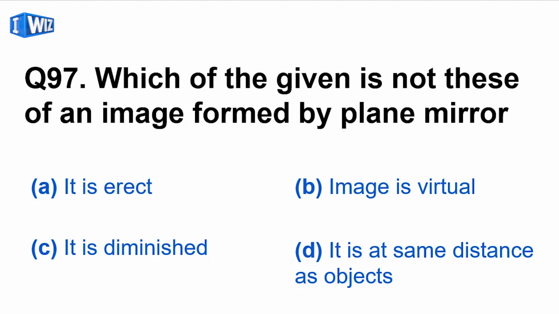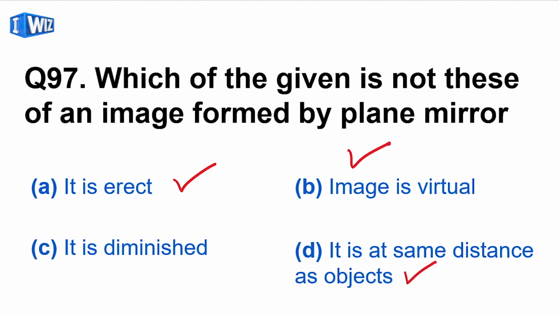Next, which of the given is not a characteristic of an image formed by a plane mirror? A, it is erect. B option, the image is virtual. C, it is diminished. D, it is at the same distance as that of the object. So which is erect, right; virtual, right; same distance, I already told you.